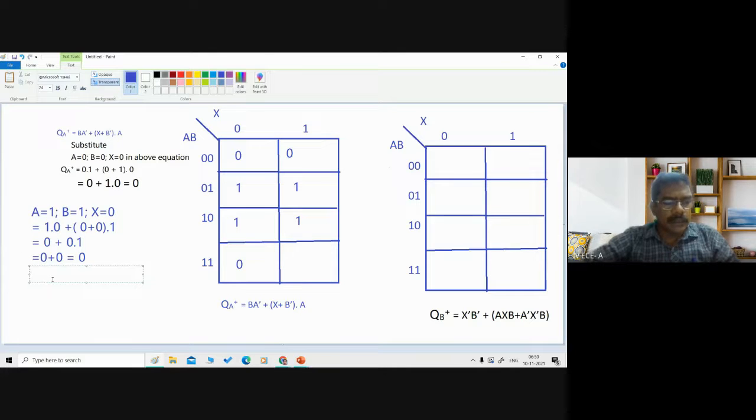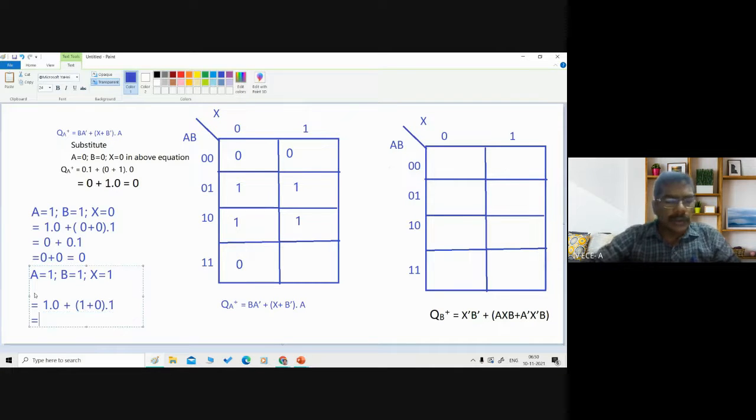For example, a equal to 1, b equal to 1, x equal to 1. So in this case we have all 1s. You can put the value: b equal to 1 into a dash equal to 0, x value equal to 1, b dash value equal to 0, into a value equal to 1.